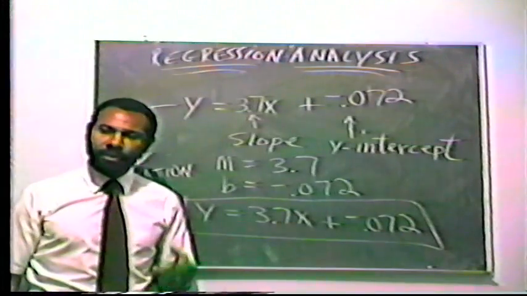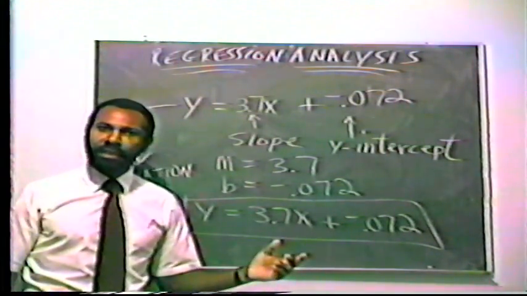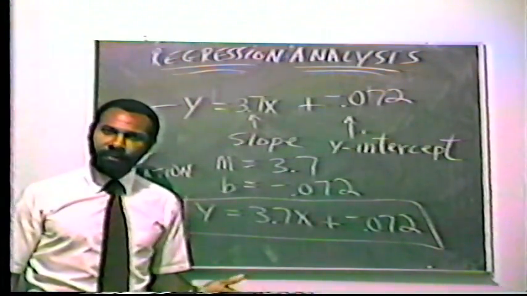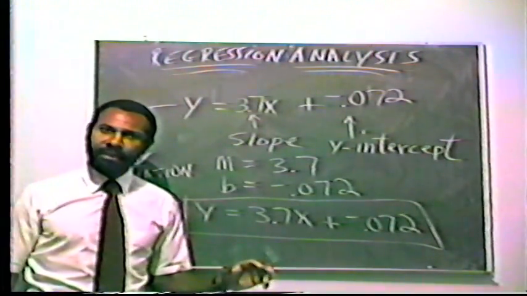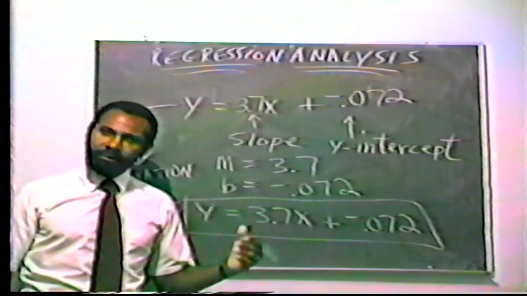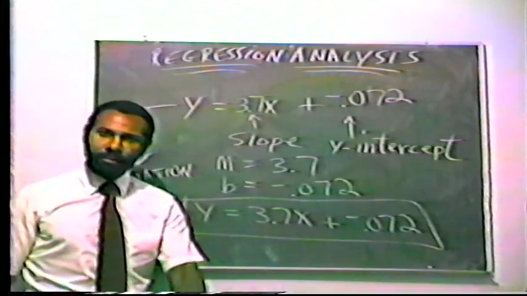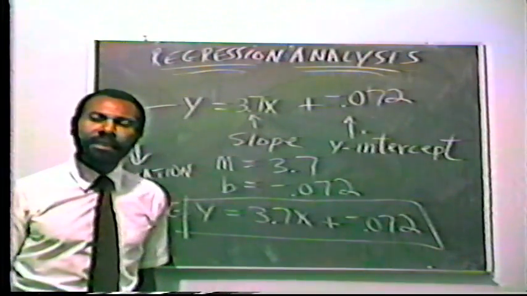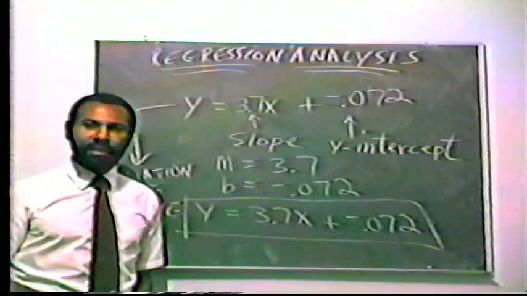All we have to do is substitute the numbers into the formulas and use our calculators to simplify the expressions, and that will give us the numbers for m and b. So let's take a look at the formulas, and then we'll look at an example so that we can see exactly how these formulas work.